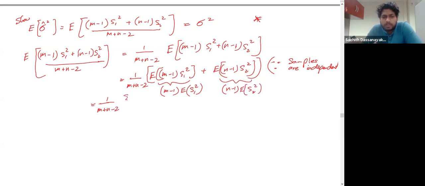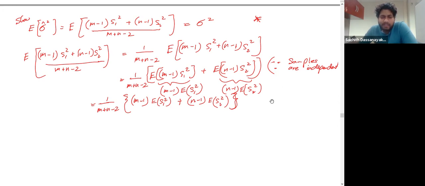So this becomes m minus 1 times the expected value of S1 squared plus n minus 1 times the expected value of S2 squared. Don't worry about which bracket it is, square or curly, it doesn't matter.